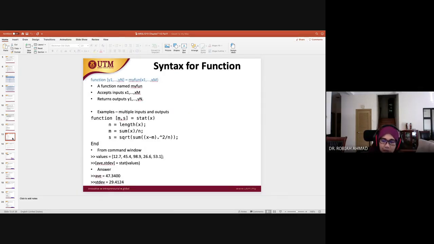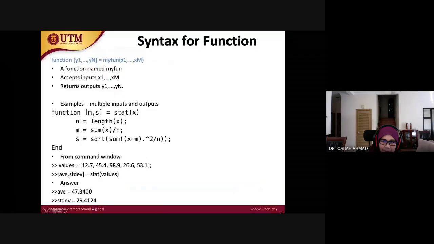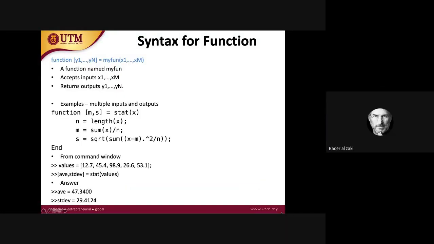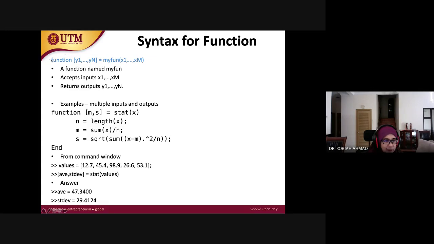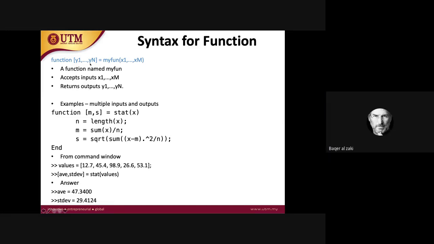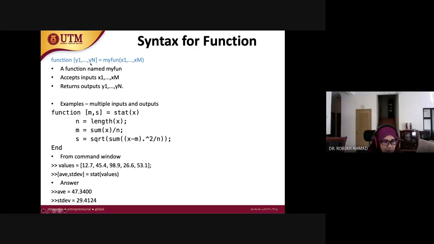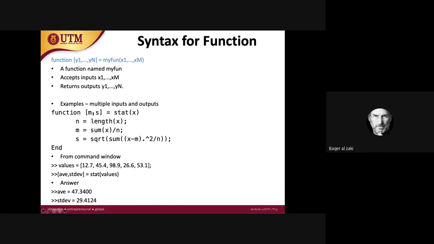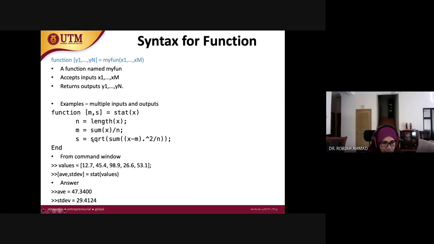Basically, when we want to have a function file, we start with the function, and this side, the left hand side, are all the outputs that we want. For example, function ms. So we want to find what is the sum and the square root.